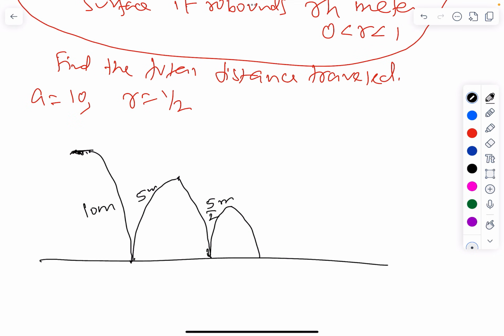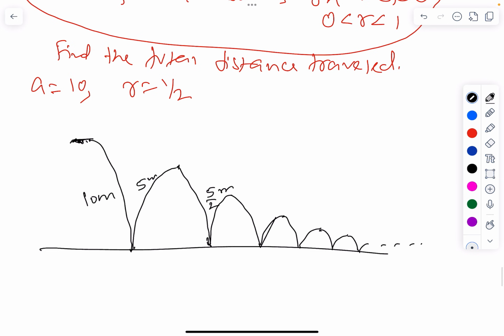Again it comes to the surface, again rebounds, and so on. Due to friction it will stop, but in theory, we can say that it continues. So the question is how much total distance is covered.